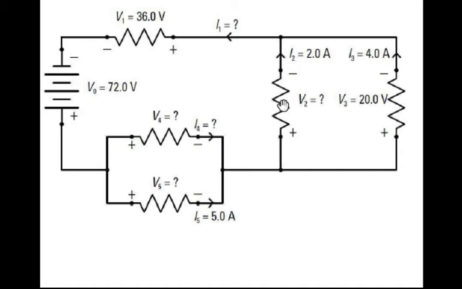I don't have a V2 here, so I can't go down this path if I'm trying to find out what my voltage drop is across V2 or V4. But if I follow the V4 along this path, I have 20 and 36. So let's turn on our camera here.